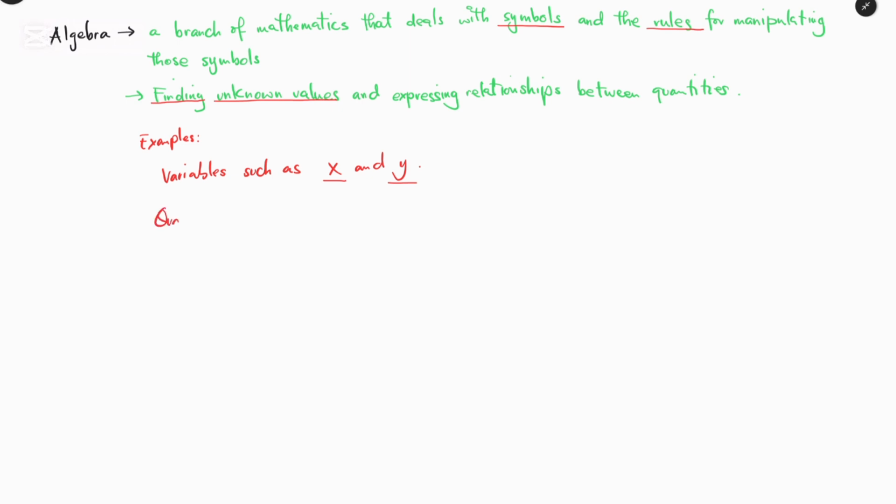And when we talk about the quantity, that means anything that we can measure, such as the length, the volume, the temperature, the time. All of these can be regarded as a quantity. And those quantities can be represented in terms of the variables, such as x and y.